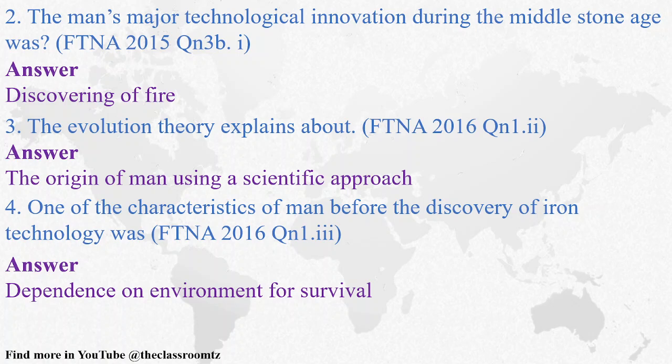But yes, we know iron comes from the environment, but after discovering iron, there is the impact of iron. It pushed up, or it led to the development of human activities. Man advanced in production activities compared to before the discovering of iron.